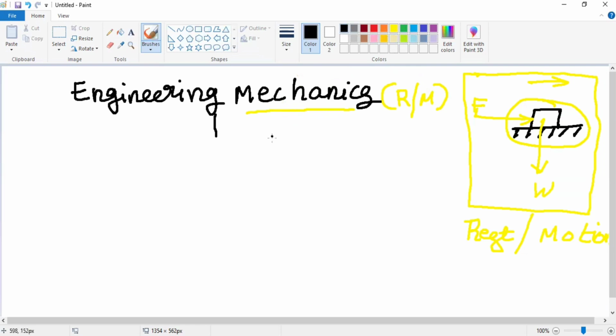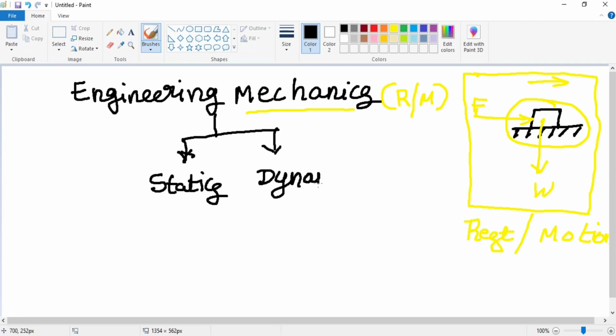That mechanics is divided into two different categories. One is statics, another one is dynamics.